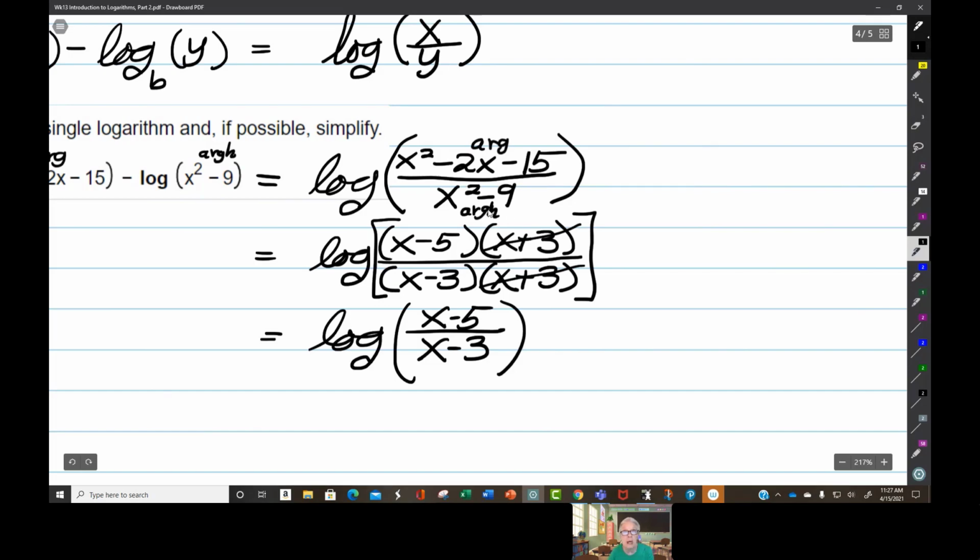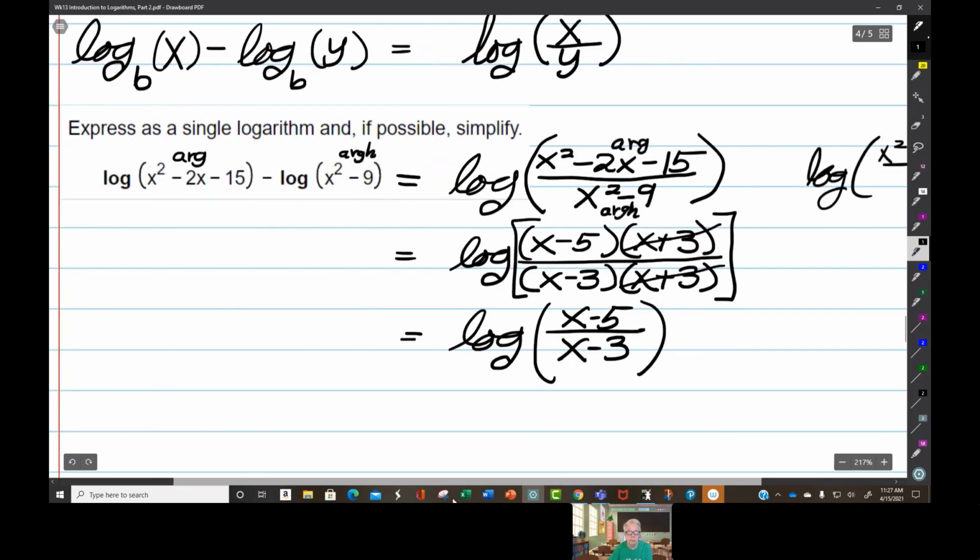It's just my vivid imagination again. But that's what you've got. You've got the log of x squared minus 2x minus 15 over x squared minus 9. That's what that minus means.